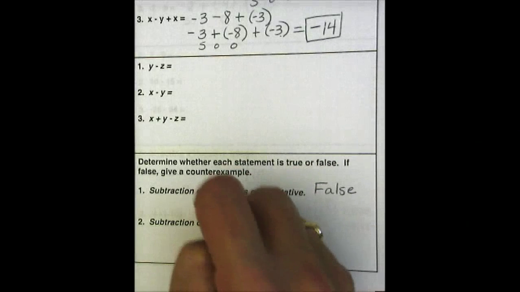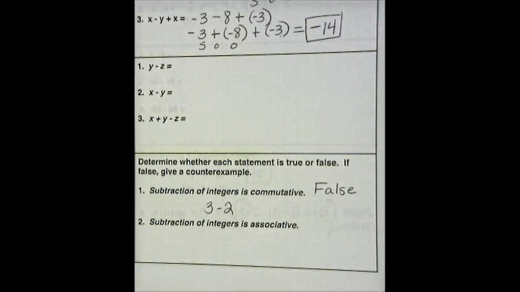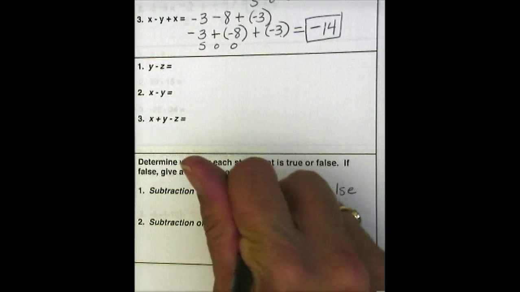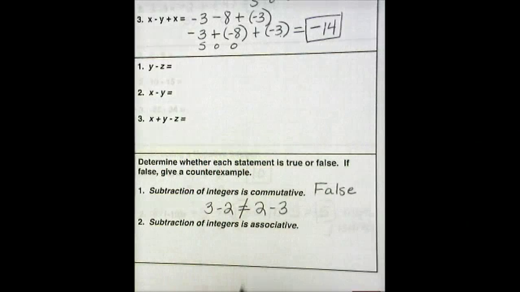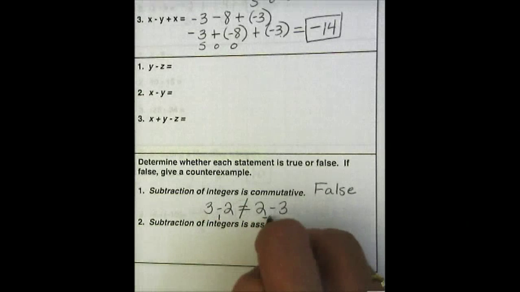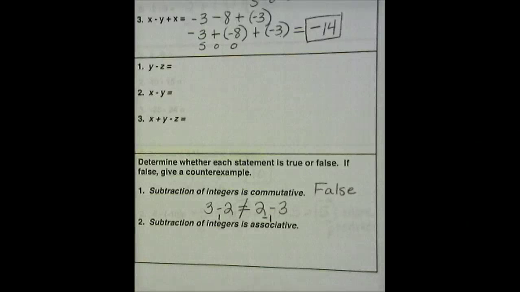Because if I subtract 3 minus 2, I get positive 1. And that does not equal 2 minus 3, because 2 minus 3 is negative 1. So 3 minus 2 is 1, 2 minus 3 is negative 1, and they don't equal. So I've got an equal sign with a line through it. So subtraction of integers is not commutative.